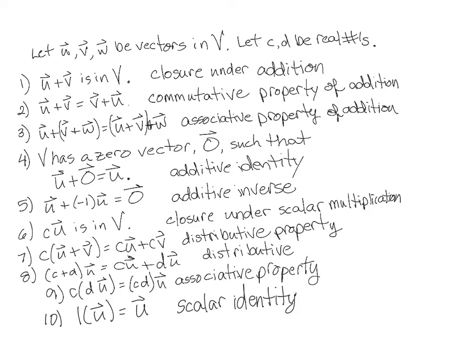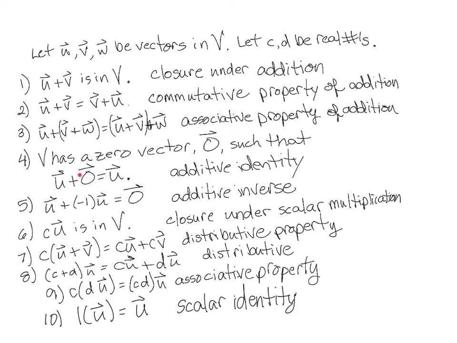Okay, second axiom. Addition is commutative. And if all you're doing is adding the x components and adding the y's and adding the z's, well, x1 plus x2 is the same as x2 plus x1, right? So you see that it's closed under addition, and addition is commutative. It's associative.